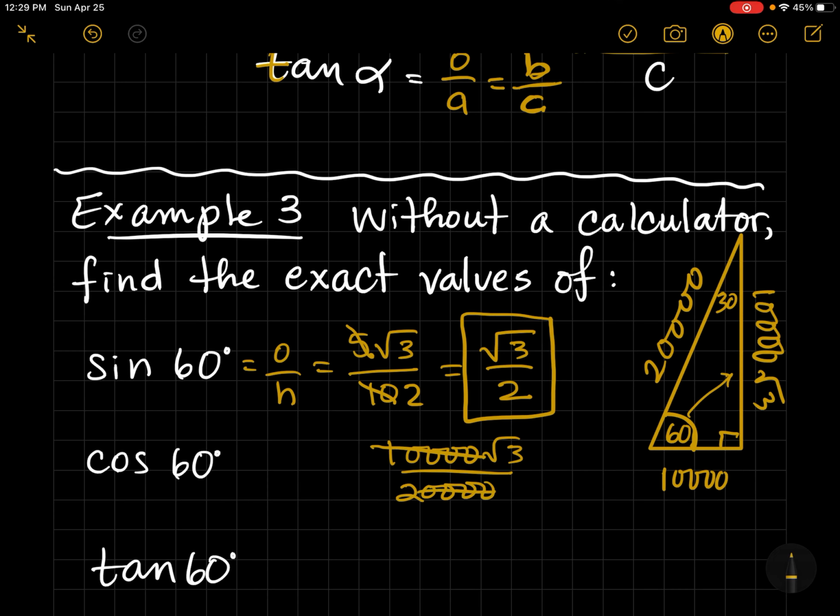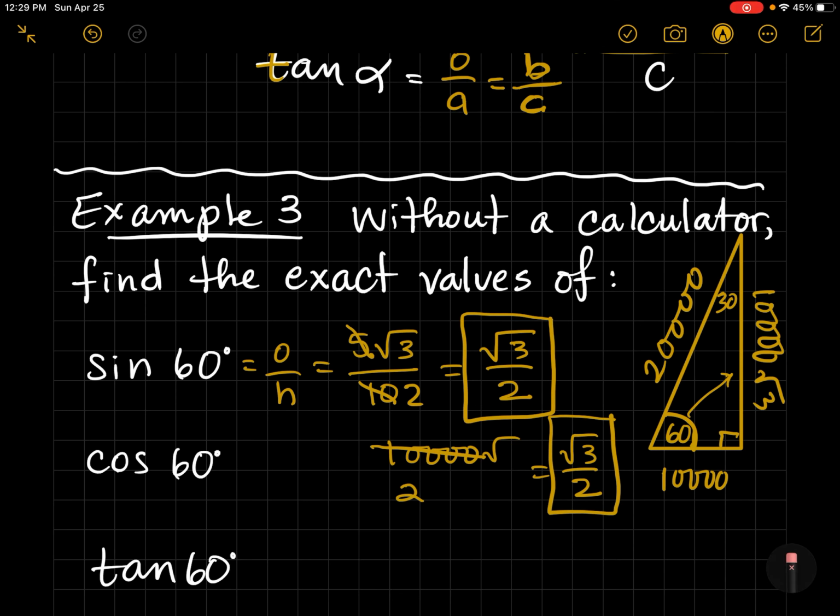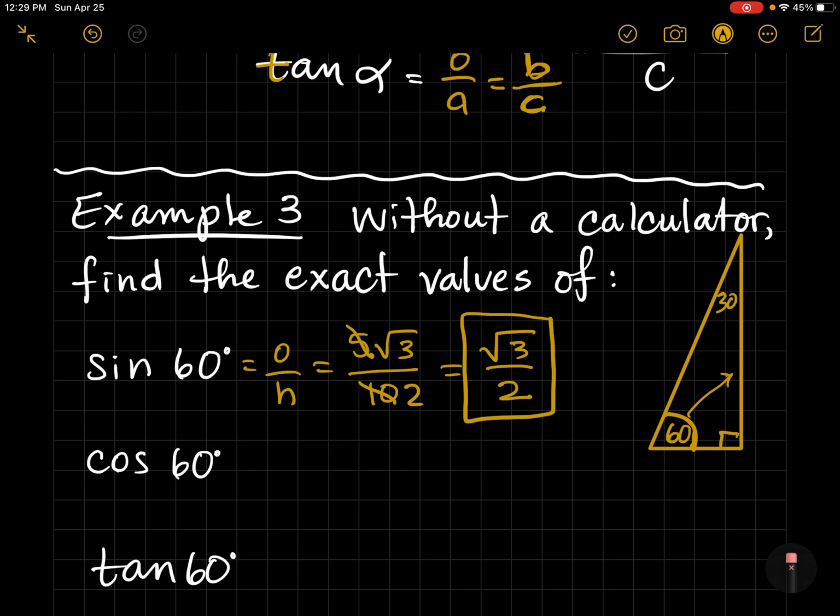And notice that I would still get radical 3 over 2. So the ratios will be consistent regardless of the triangles that you select. For me, my favorite triangle to choose is the one where I won't have to reduce.